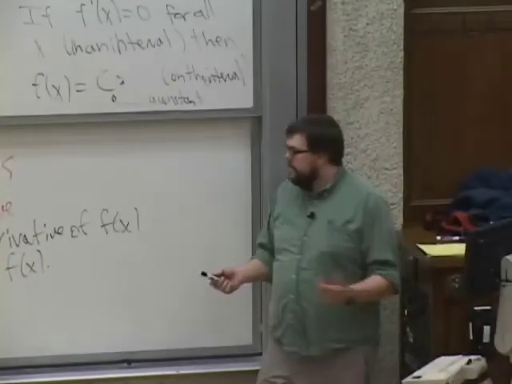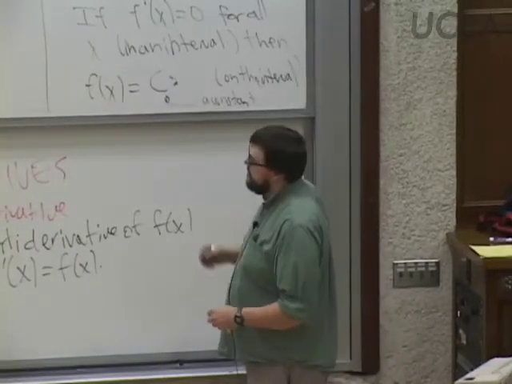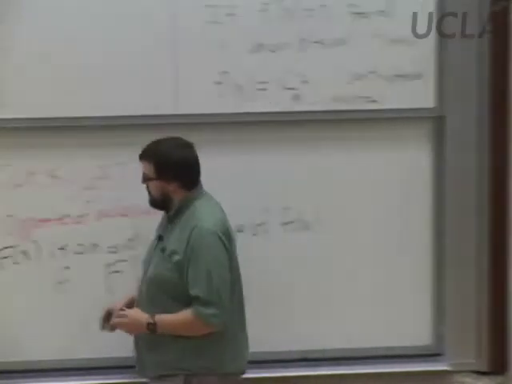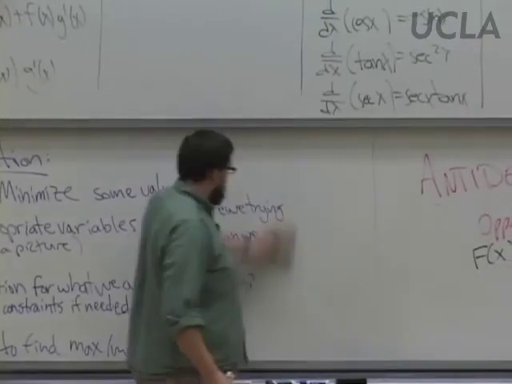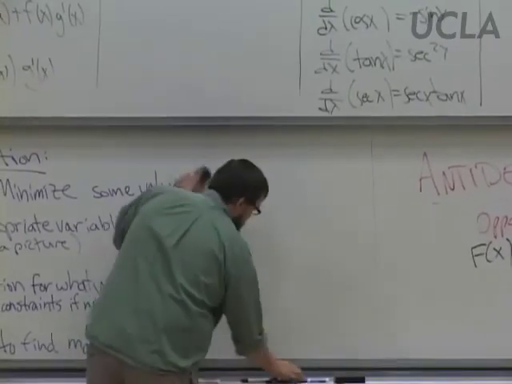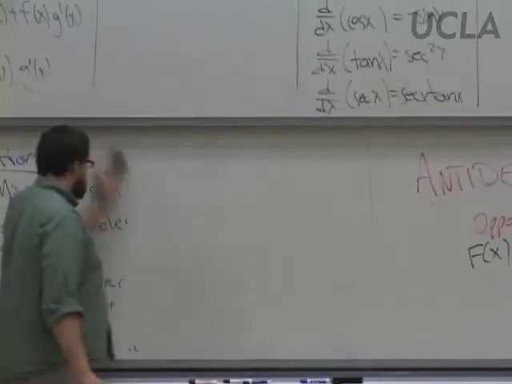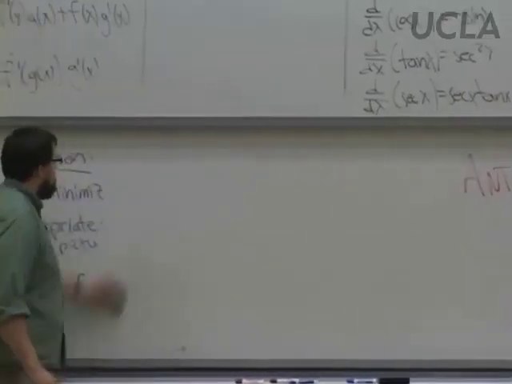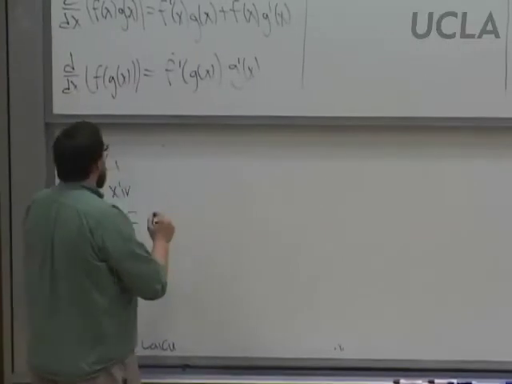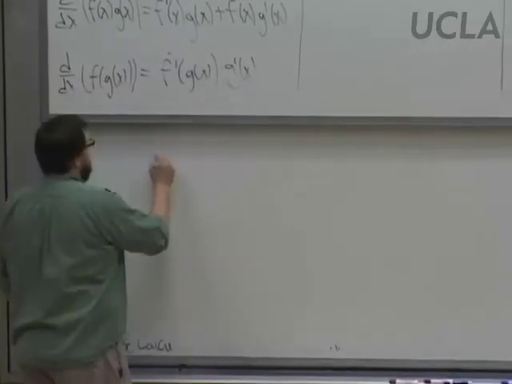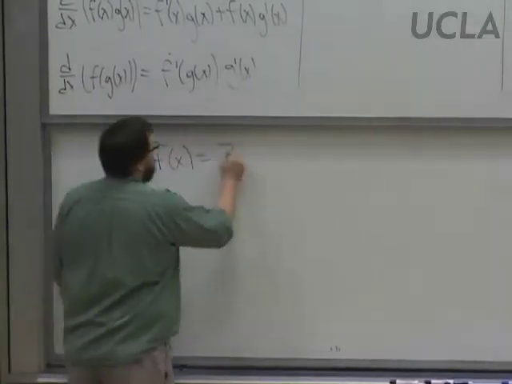Now, we could probably do this in some very simple cases. Let's see, what are some simple functions we can do off the top of our heads? Let's try this function. Suppose little f of x is 2x.